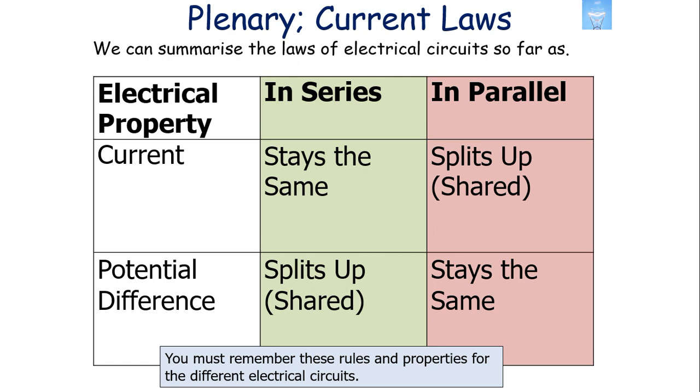So if there's more than one output, it will split between them. But in a parallel circuit, because each individual loop is treated separately, because they're separate systems, they're each individual loops, therefore each loop gets the same amount of potential difference, so it stays the same.